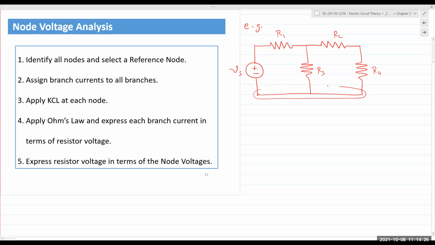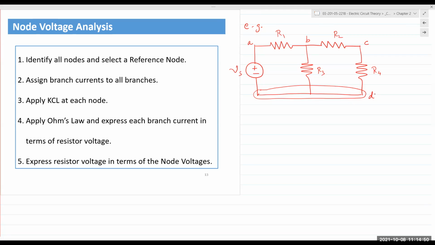And then we have 3 nodes up top, right? Any place where 2 or more components come together, that's a node. So let's label this A, B, C, and D. Nodes A, B, C, and D.